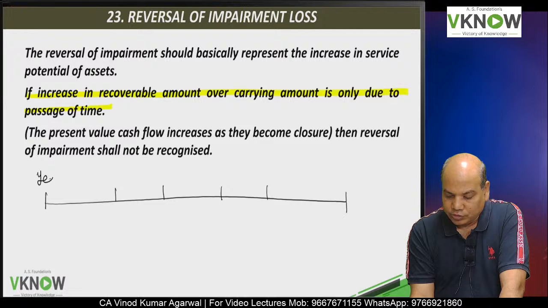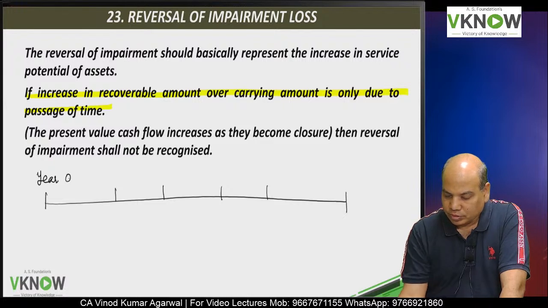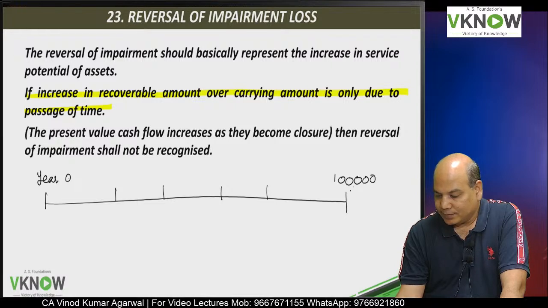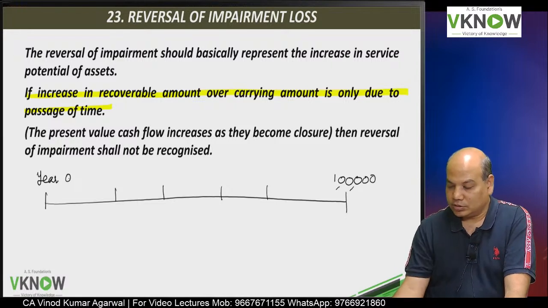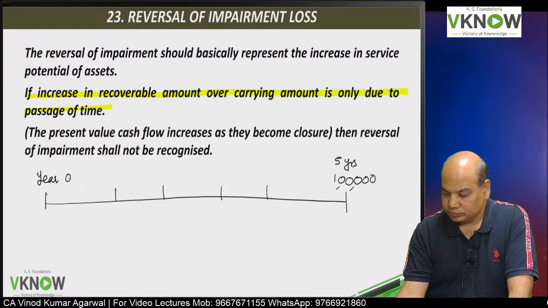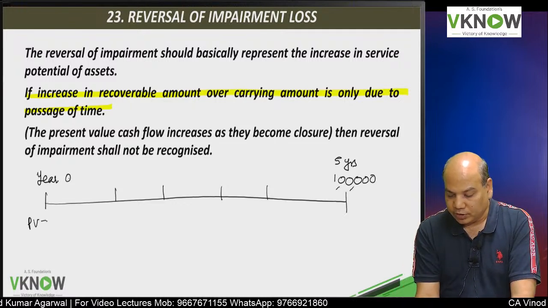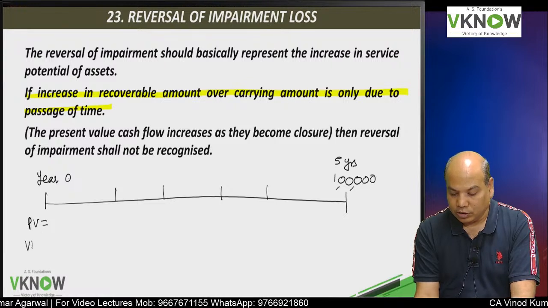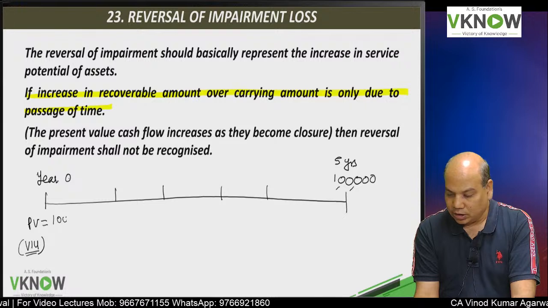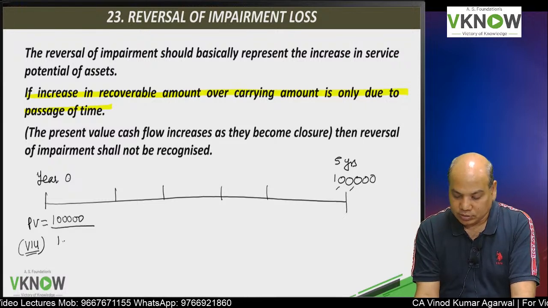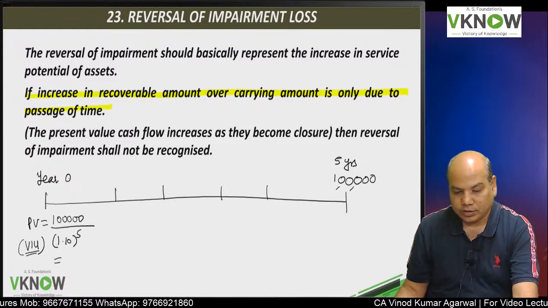We are in year 0, suppose. An asset will generate, suppose 1 lakh after 5 years. If I have to compute the present value, that is value in use, I will take 1 lakh and suppose the discount rate is 10%, divide by 1.10 to the power 5.